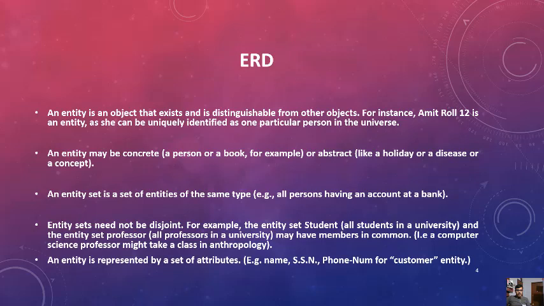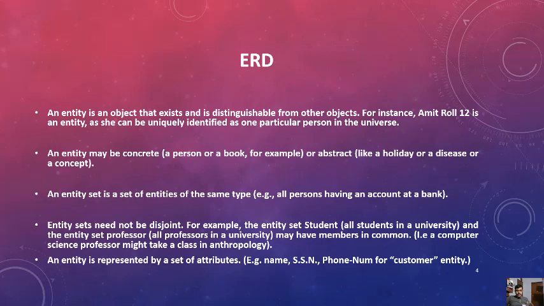Entity sets need not be disjoint. For example, the entity set student, all students in a university, and the entity set professor, all professors in a university, may have members in common. That is, a computer science professor might take a class in anthropology.